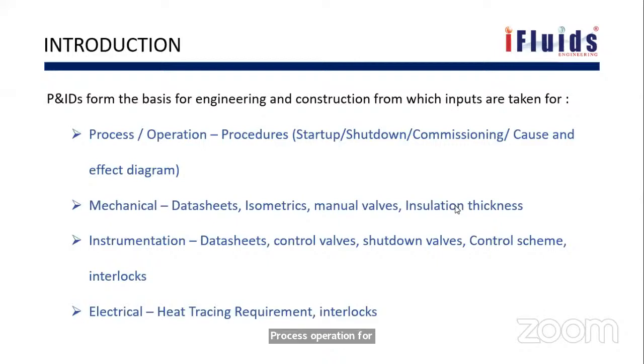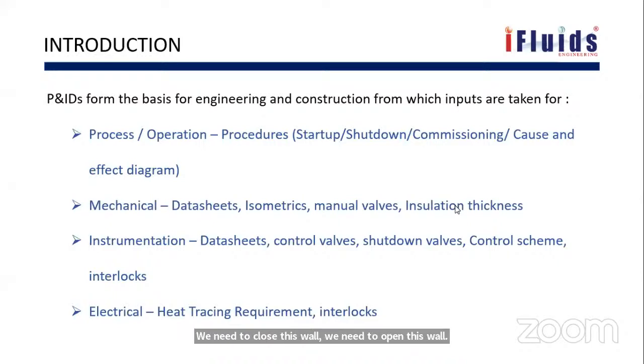To make the procedure, we should know the flow scheme in detail: where the valves are, where the equipment is located, how we are going to take the equipment in line, how we are going to shut down the equipment. Everything will be clearly shown in the P&ID. Procedures will not be shown in the P&ID, but we need to develop the procedures based on it. We need to close this valve, we need to open this valve, and so on.